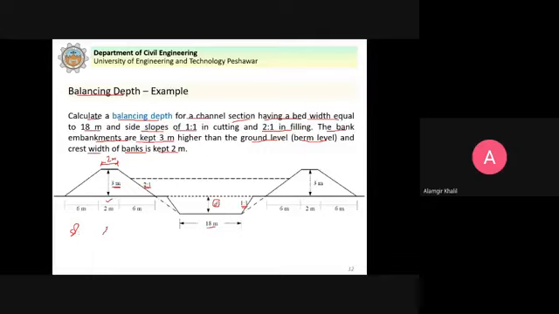So we have the area of cutting, which is equal to the area of cut.